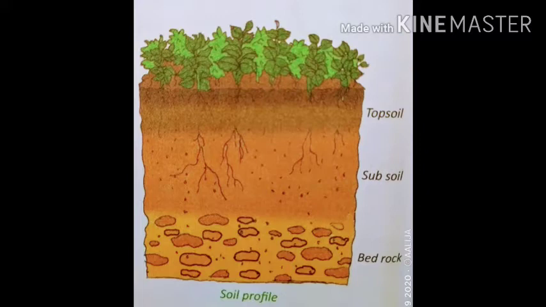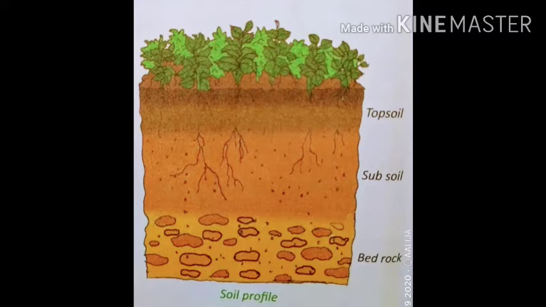Children, if you dig deep into the soil, you will find different layers of soil. Some layers are dark colored while some are light. These layers of soil together make the soil profile. Profile consists of three layers such as topsoil, subsoil, and bedrock.